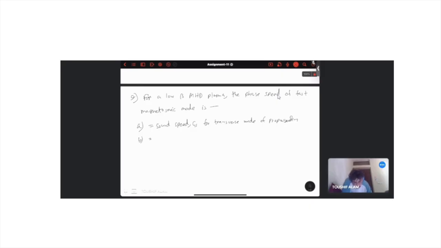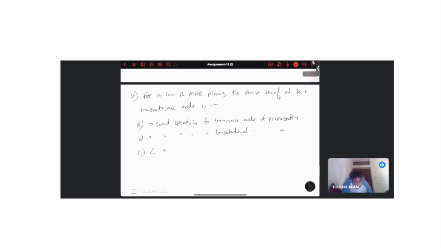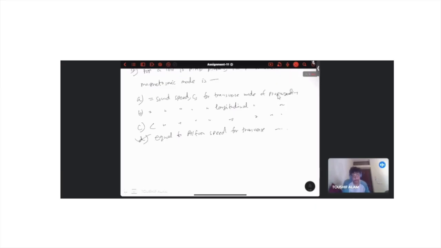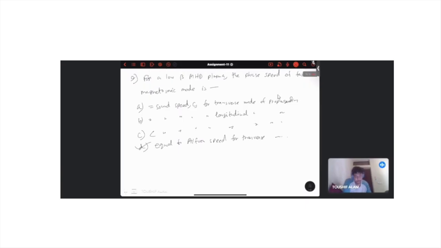Option B, equal to sound speed for longitudinal mode of propagation. Option C, less than the sound speed for longitudinal mode of propagation. Option D, equal to Alfvén speed for transverse mode of propagation. So it is actually option D because it always propagates at Alfvén speed.